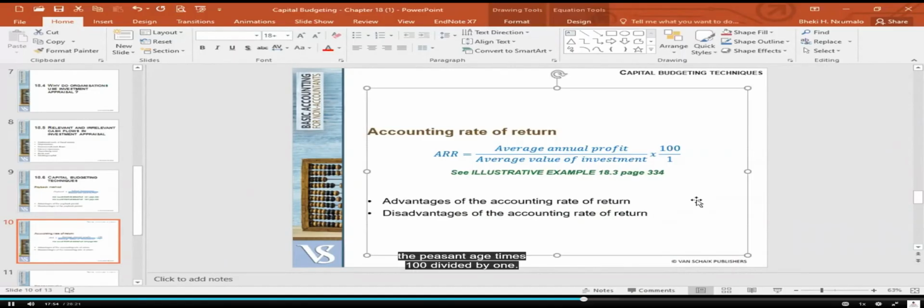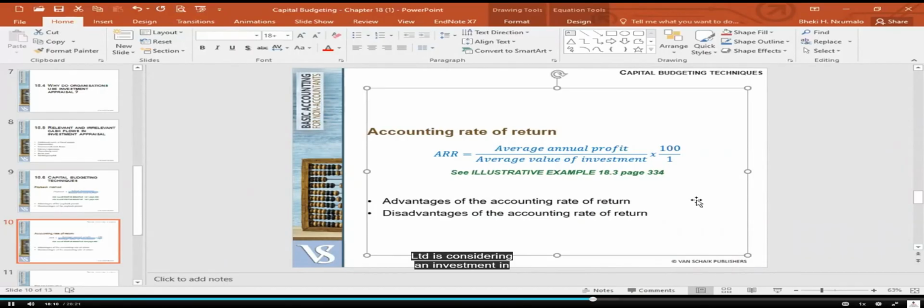Then this illustrative example is shown on page number 334, which is 18.3. The result here shows 36%. If you read: Senchem Ltd is considering investment in a capital project that requires 150,000, where the required rate of return is 12%.